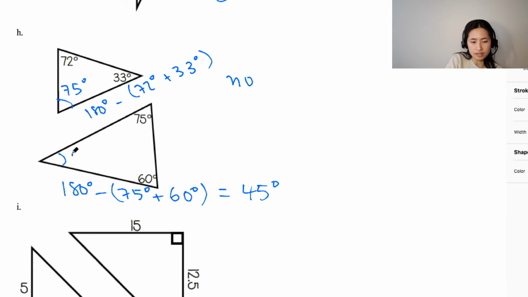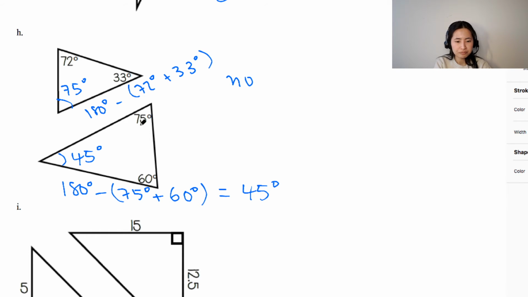So even if this is 45 degrees, and yes, you do have an angle which is 75, which is congruent to the 75, it doesn't change the fact that you have 45 degrees over here and you have 60 degrees, and you have 72 and 33 degrees over here. They're not congruent.